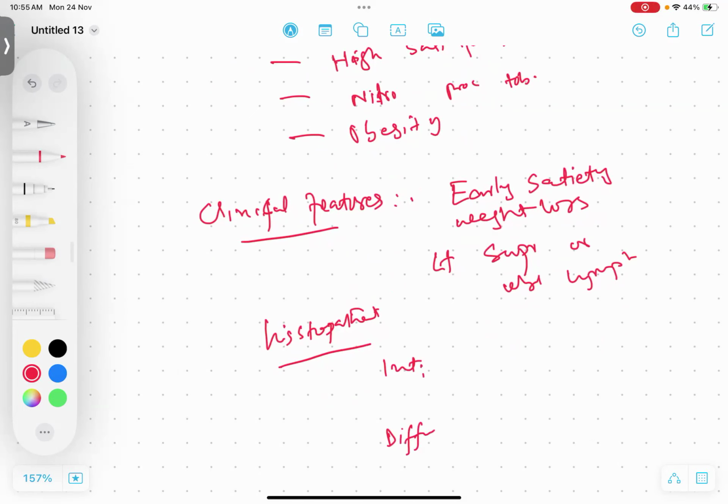So in the intestinal type, you see an ulcerated mass with heaped up or irregular edges, right? An ulcerated lesion with irregular borders.